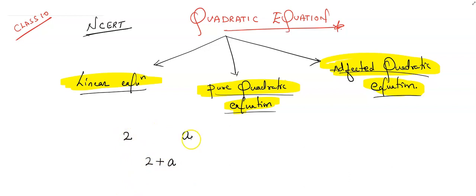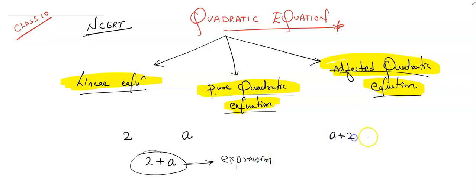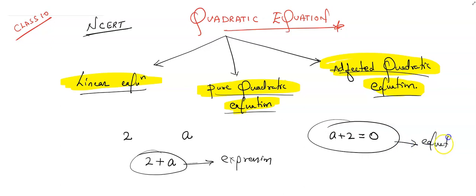2 is separate, a is separate, 2 has meaning, a doesn't have meaning. When you combine two different things together, whether adding or subtracting, this is called an expression. Same thing, if a plus 2 is equal to 0, if this value is equal to 0, then we call this an equation.